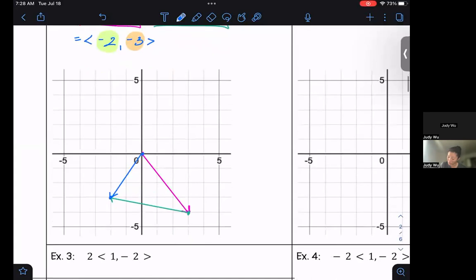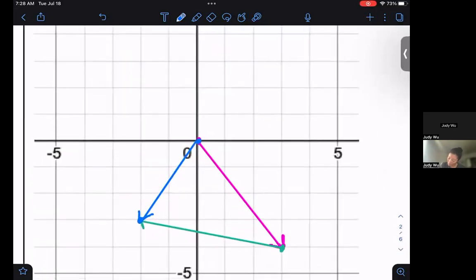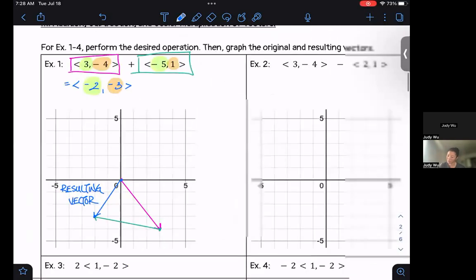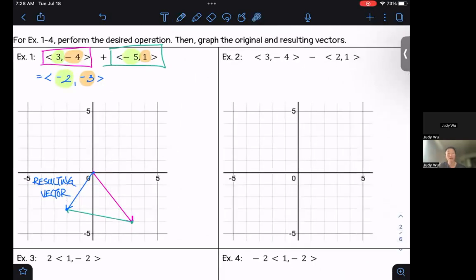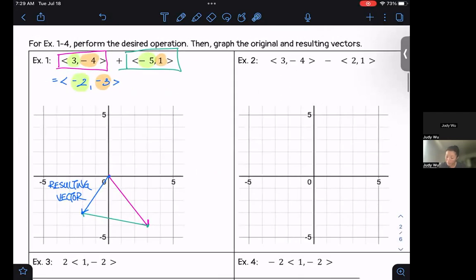Okay, so this one in the blue right here, we can label this as our resulting vector. Okay. And the pink one and the green one are our original vectors. All right, so we've done the operation, but we've also drawn the picture so we sort of know what it is that we're doing. Okay.